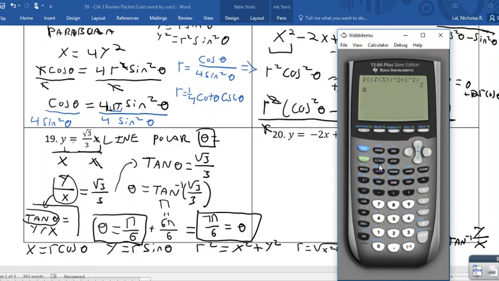All right, that's going to be 0.523, and that should be equivalent to pi over 6.